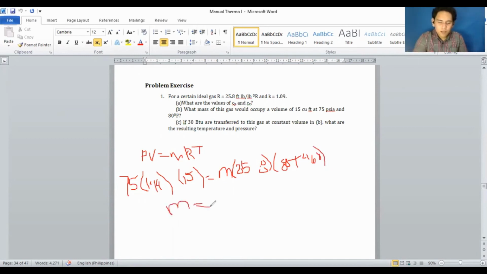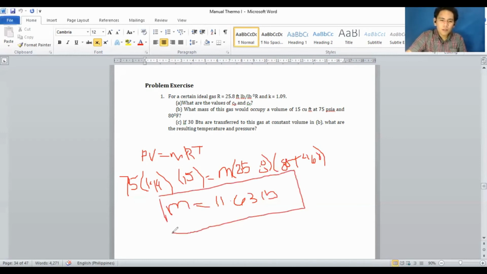Therefore, your mass is 11.63 pounds. Okay, now let's go to letter C.